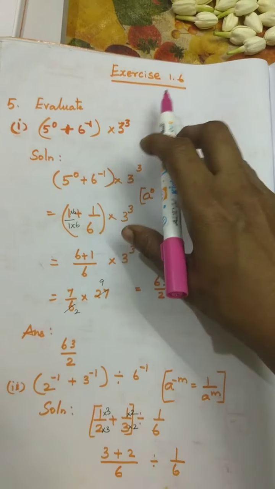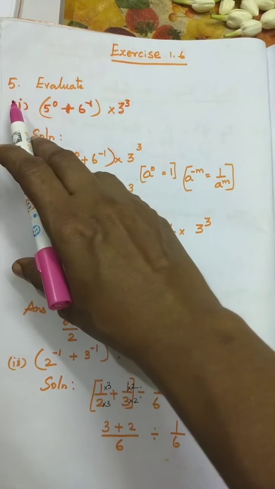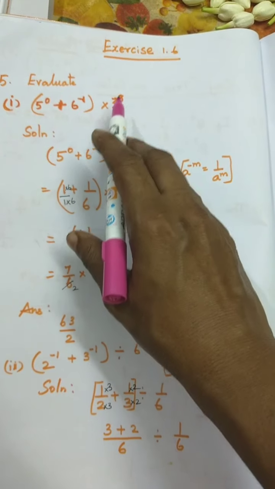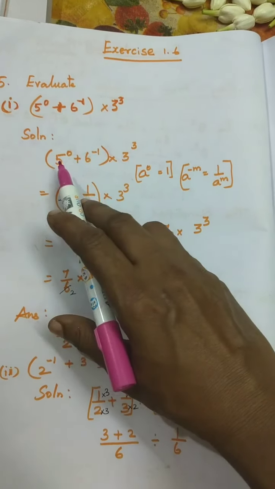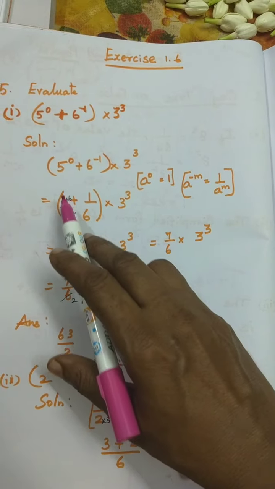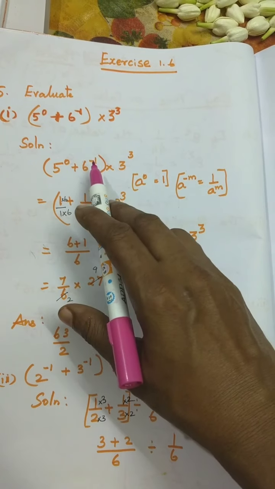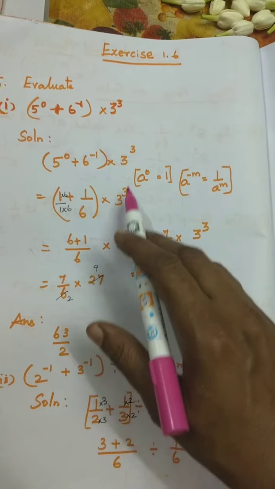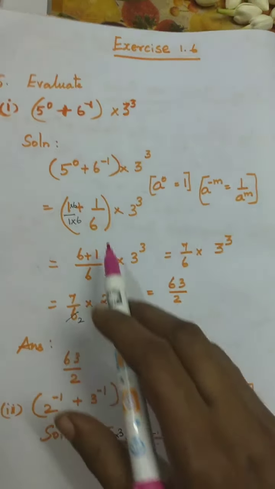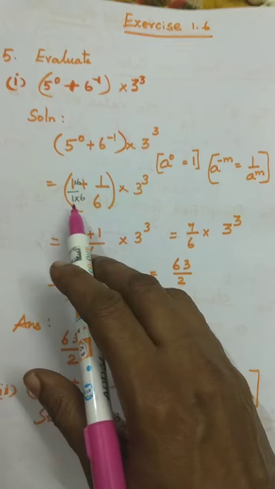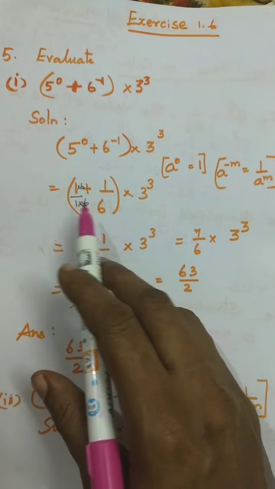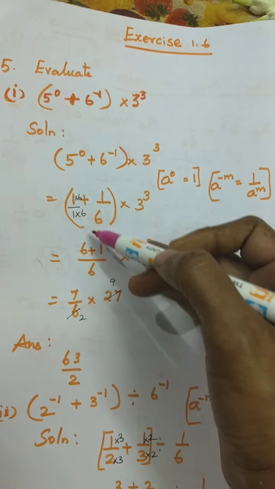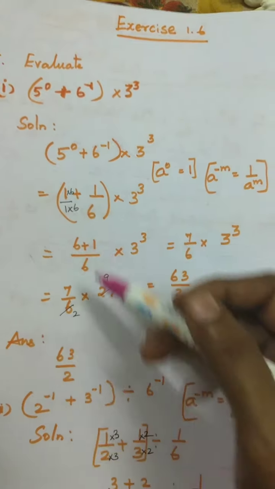This is the answer. And let us see exercise 1.6, first, fifth sum. Evaluate 5 power 0 plus 6 power minus 1 into 3 power 3. 5 power 0 is 1, plus 6 power minus 1 we can write as 1 by 6, isn't it? Into 3 power 3. Now if you want to add these two, you have to make the denominator the same. So you multiply both numerator and denominator by 6. Here the LCM is 6.